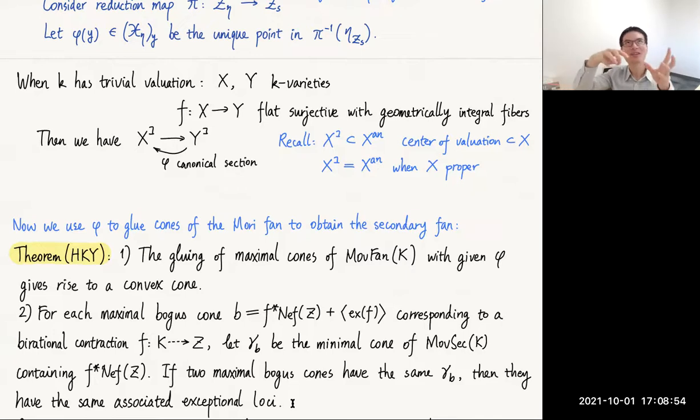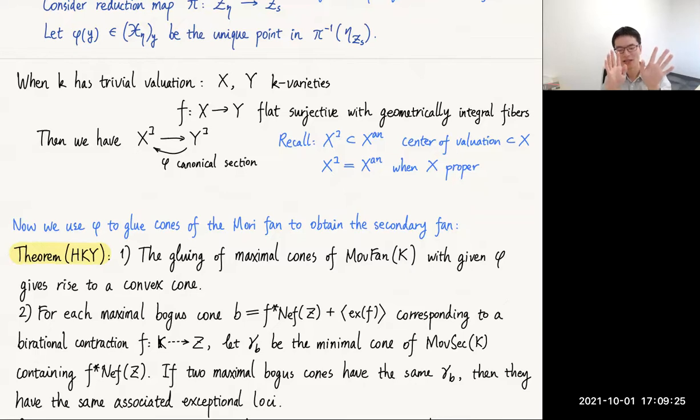So in our Mori fan, we have lots of cones, and we have a simpler subfan consisting of moving divisors. Now we already glued many cones inside the moving part of this Mori fan, and all I want to say in the second statement is that now we want to induce also a gluing outside this moving part.